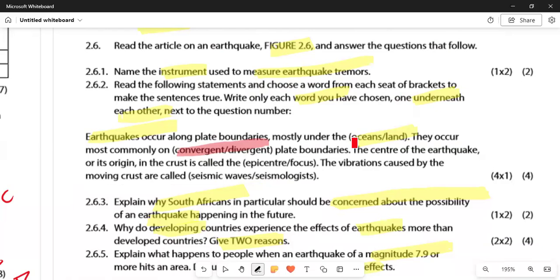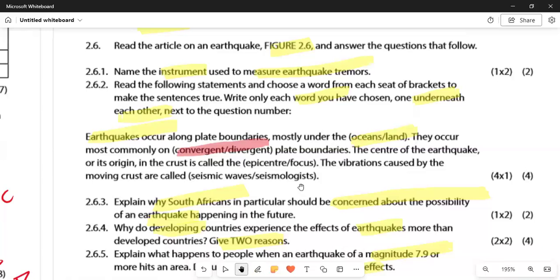And in 2.6.2, it says read the following statement and choose a word from each set of brackets to make the sentences true. Write only each word you have chosen, one underneath the other, next to the question number. So that is the content that we have been given here.